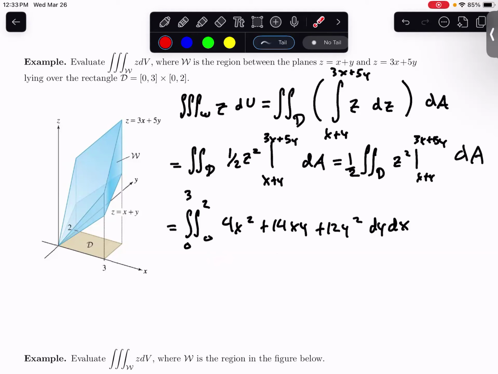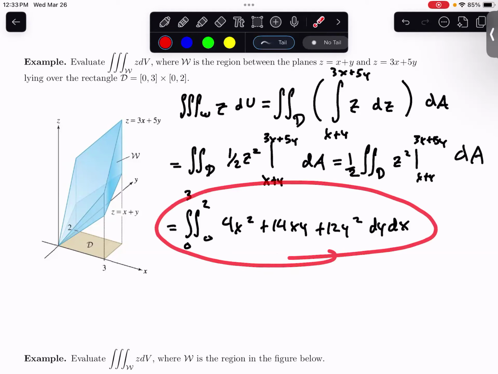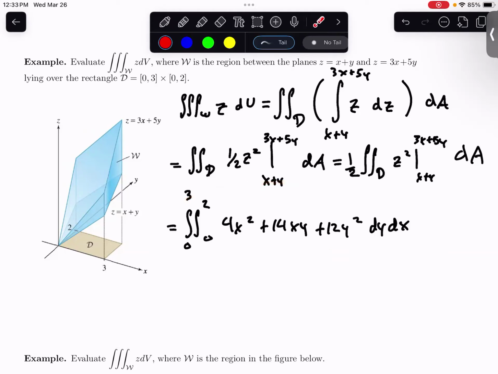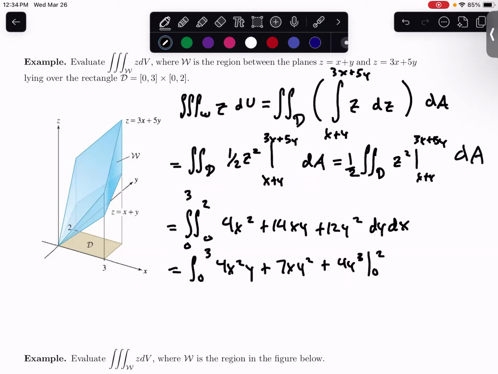And so now it's just a matter of computing this double integral. I might go through this a little bit quickly here. So you do the integral with respect to y. This is going to be the integral from 0 to 3 of 4x squared y plus 7xy squared plus 4y cubed, ranging from 0 to 2, dx.